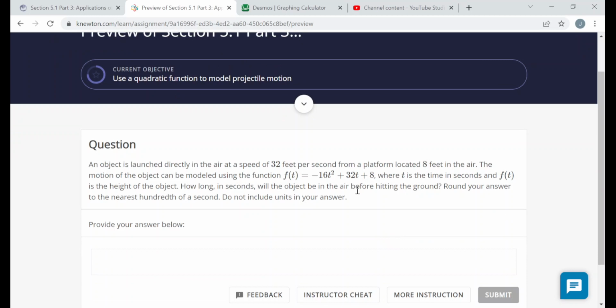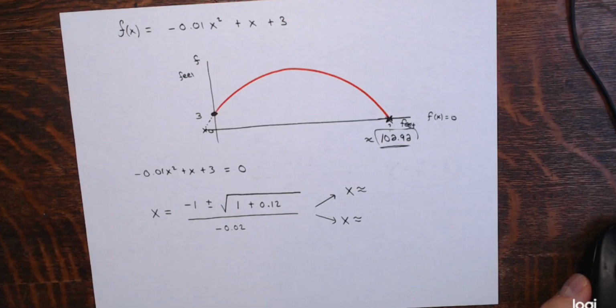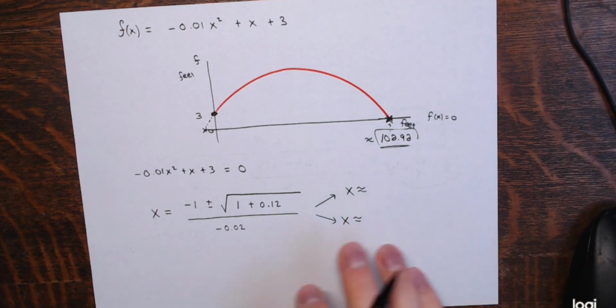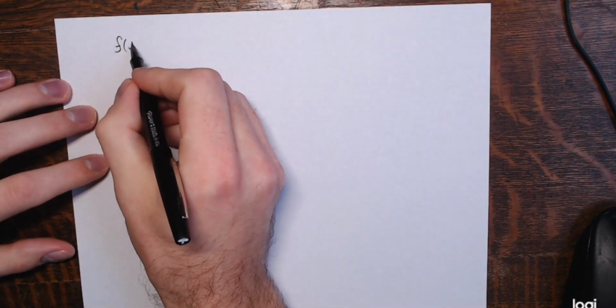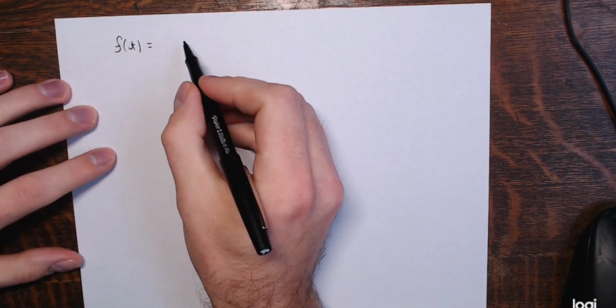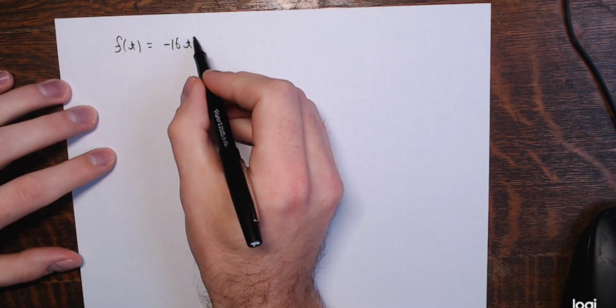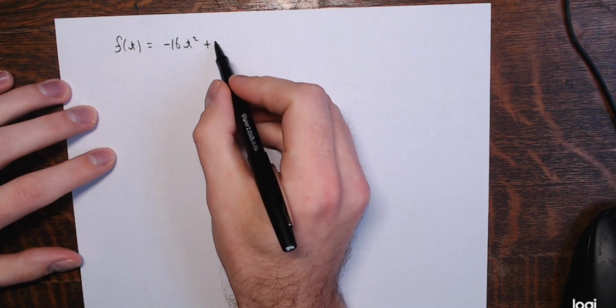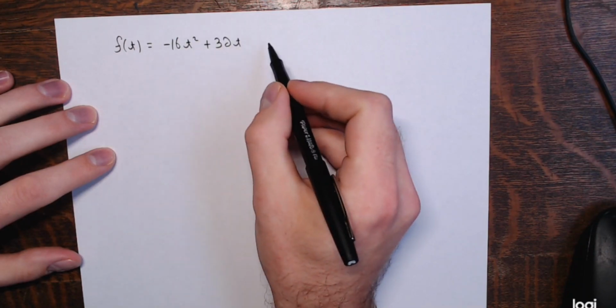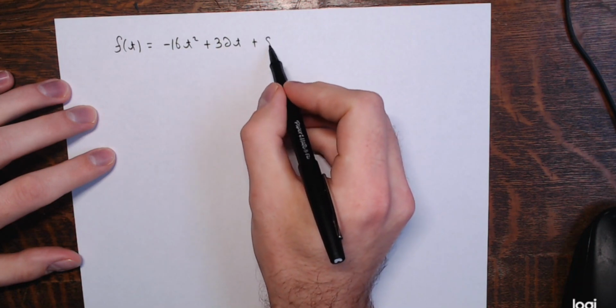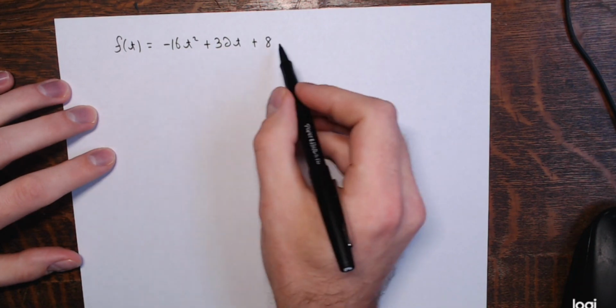Yeah, so again, I'll write this out. Set the output to be 0, basically like finding the x-intercepts, finding the t-intercepts. So we have f of t equals negative 16t squared plus 32t plus 8. Set this equal to 0.